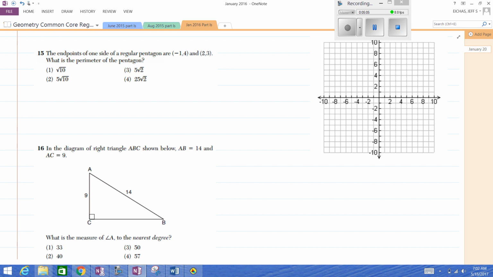All right, so for 15, I think it's going to be a distance problem. Let's just call that A and this B. All right, so if we want that distance, we have a small right triangle here.